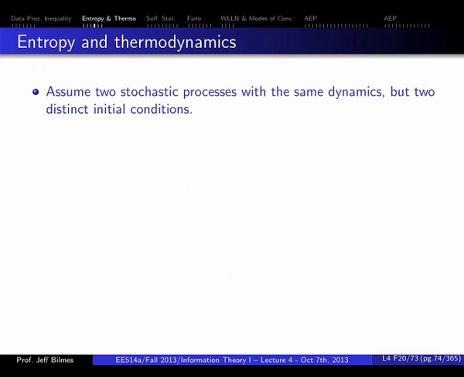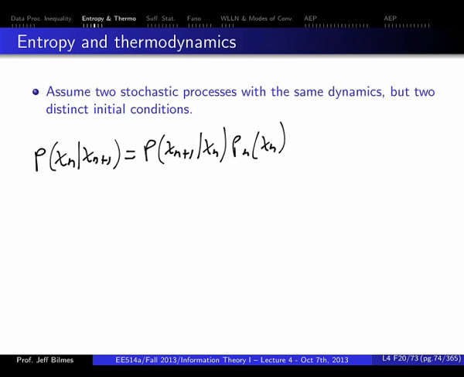So, in other words, you have the probability of x of n given x of n plus 1 is equal to the probability of x of n plus 1 given x of n times p of n, x of n, divided by what?